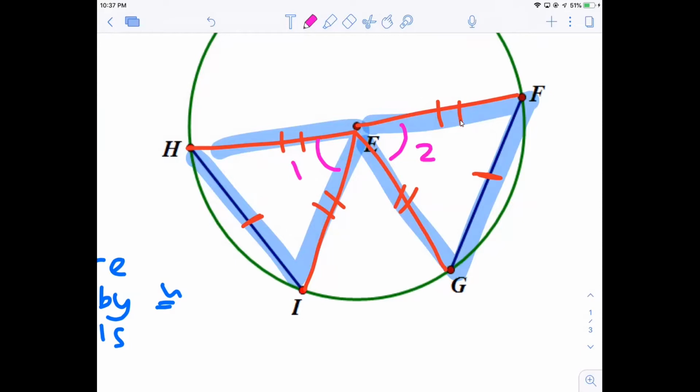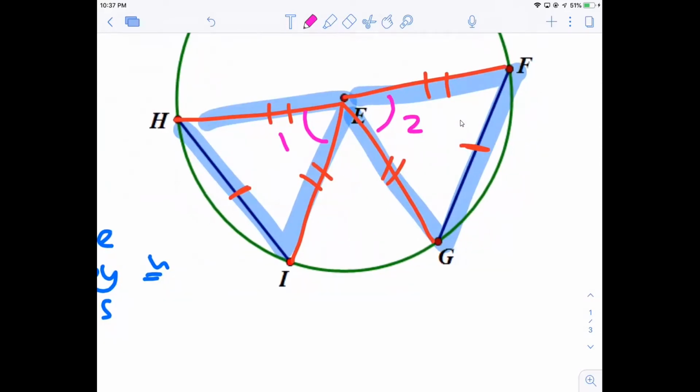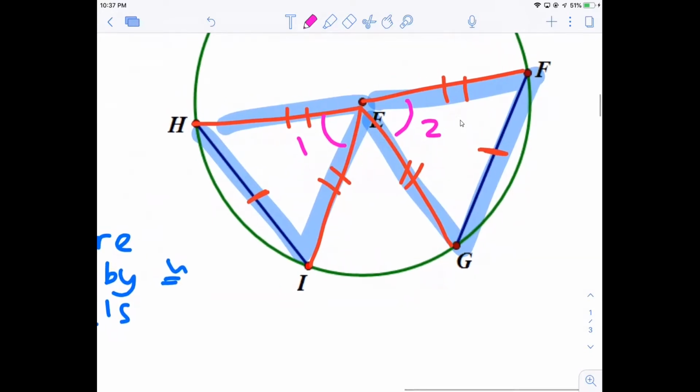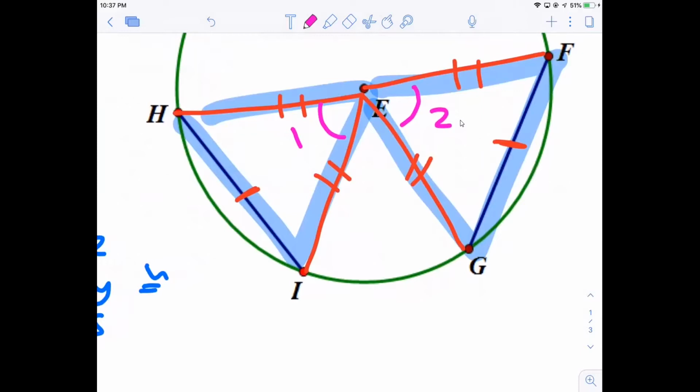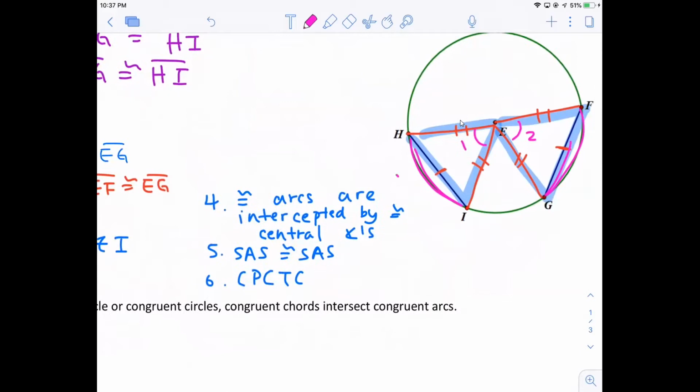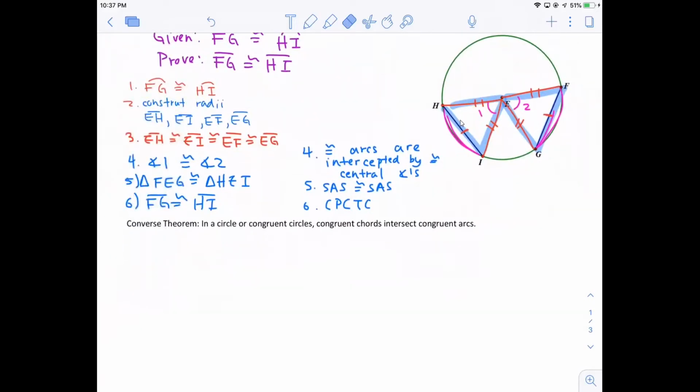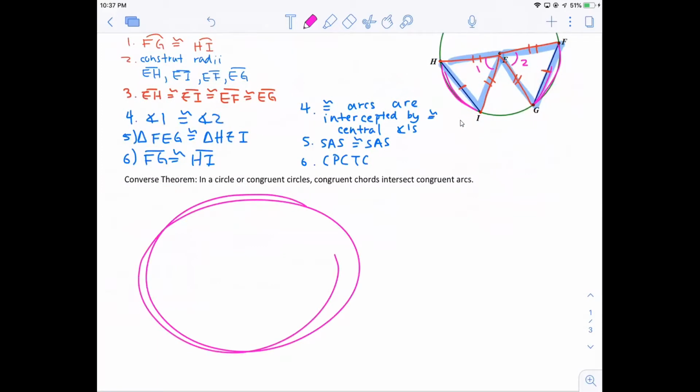And then we would say congruent central angles intercept congruent arcs. So we would use the same statement, except we will switch it around. We'll say congruent central angles intercept congruent arcs. So if you want to write that one out, that's the converse theorem.